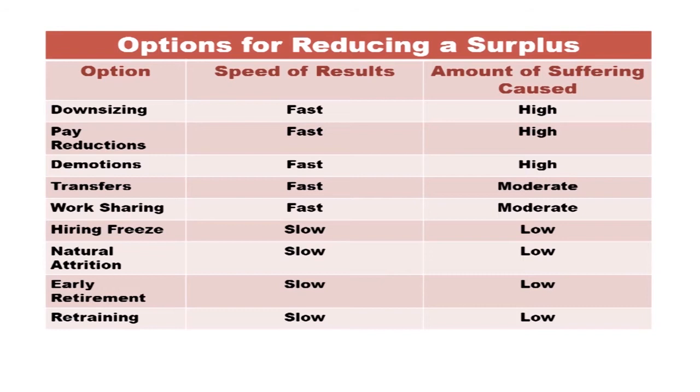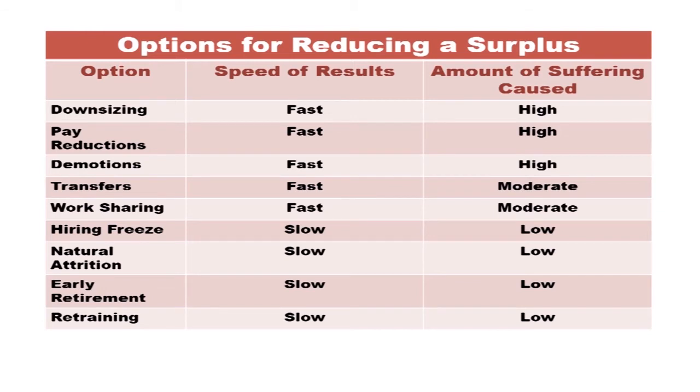This table shows major options for reducing an expected labor surplus. The first column shows the HR strategies for addressing labor surplus, that is, downsizing, pay reducing, demotions, transfers, work sharing, hiring freeze, natural attrition, early retirement, and retraining.